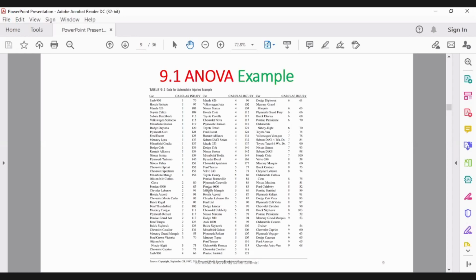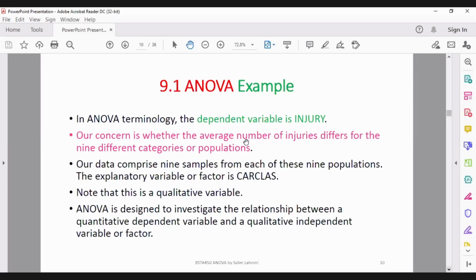The purpose is to check if the average injuries is similar across car classes. We got 9 car classes, a number of injuries by car class, and we need to check whether or not the average car injuries is similar across all car classes. In ANOVA terminology, the dependent variable is injury.